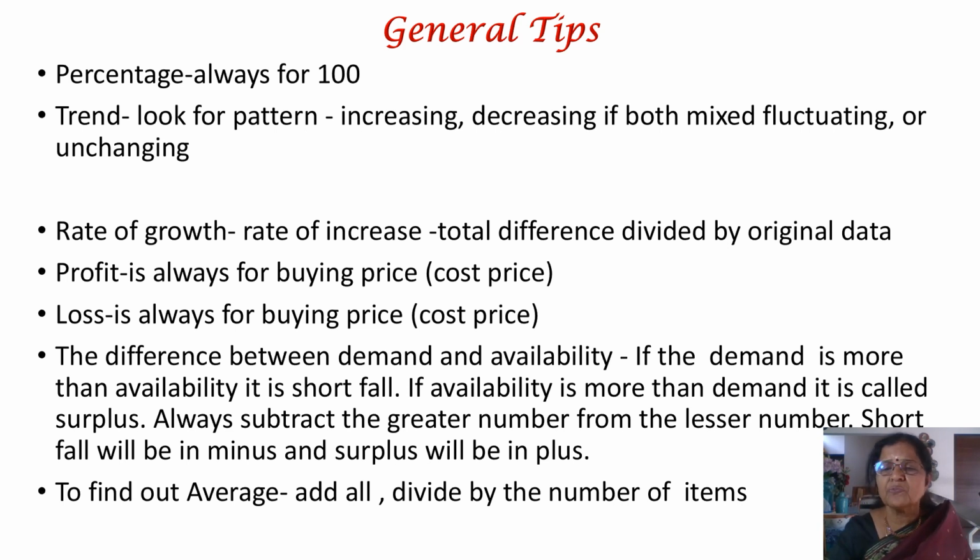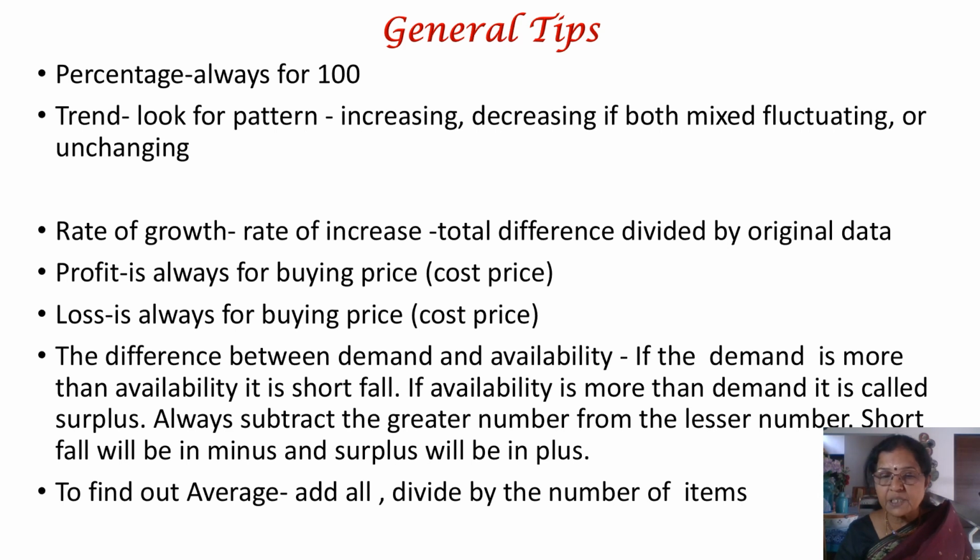So watch out for the correct term, understand it. And always the shortfall will be in minus and the surplus will be in plus. And when you are asked to find out the rate of growth in demand, or the rate of growth in availability, or the rate of growth in supply, then whatever difference you get, you divide it by the base of the original number.